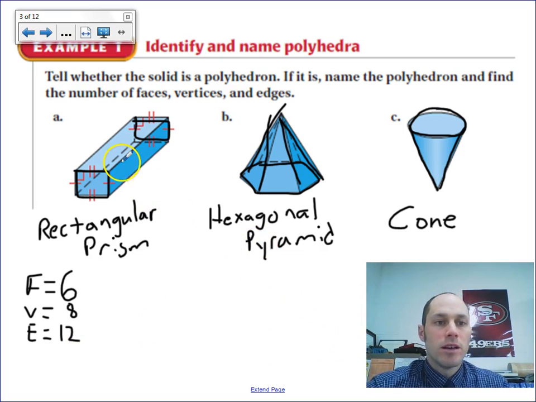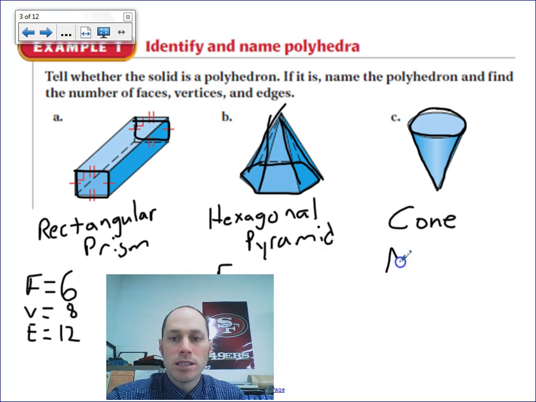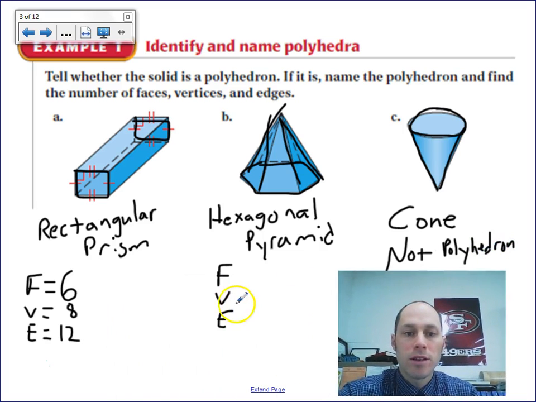So see if you can visualize those for the hexagonal pyramid and calculate the number of faces, vertices, and edges. And the cone, we don't classify faces, vertices, and edges since it's not a polyhedron. We can't classify faces because there aren't any polygons on there. So pause the video and see if you can count the number of faces, vertices, and edges for the hexagonal pyramid. Restart it when you're ready.